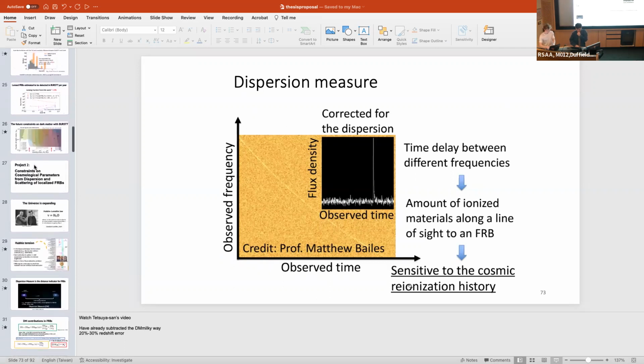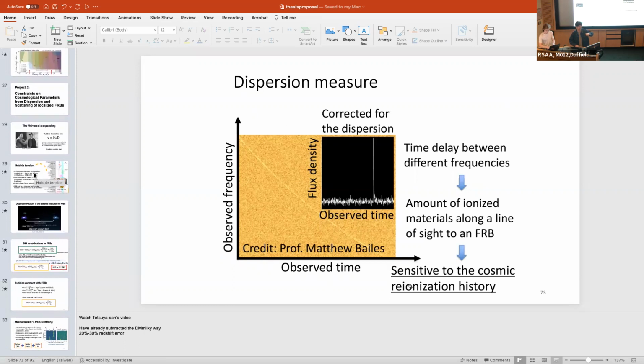I'm not sure about the concept, but for the current situation, we have only about 600 FRBs detected. That makes the uncertainty on the Hubble constant very big. In the future, after SKA, we will be detecting more than 10,000 per year, and that will strongly constrain the Hubble constant. So it will become more accurate in that case. I don't know if this is the answer.